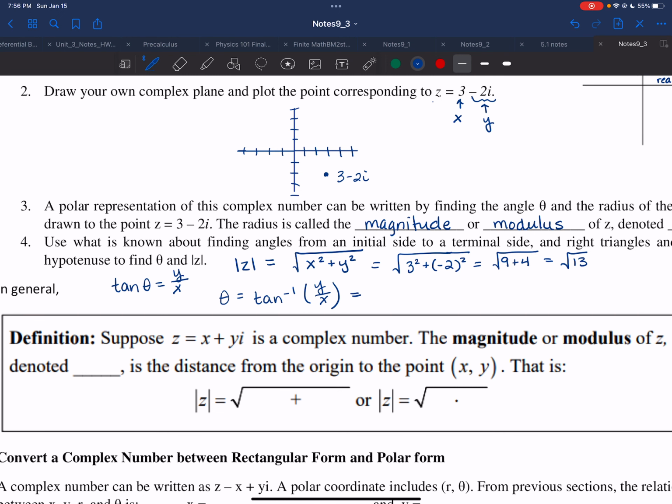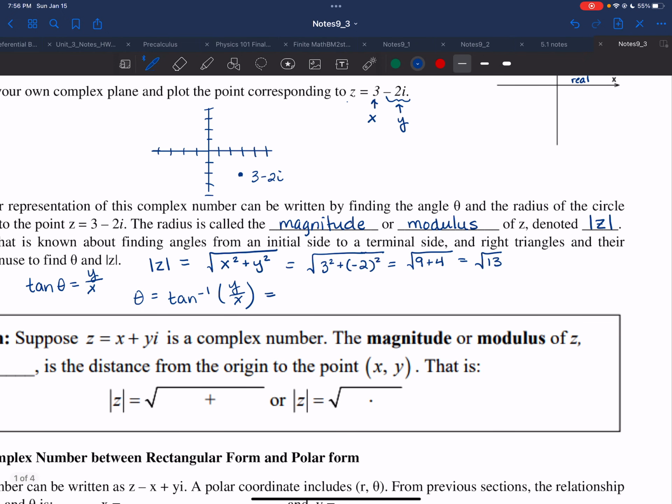Remember, when we have a tangent, depending on what quadrant you're in, if you are in quadrant 1, you're not going to do anything. In quadrant 2, you're going to either add pi or you're going to add 180, depending on if you're in degrees or radians. In your third quadrant, you're going to do the same thing. And in your fourth quadrant, you would add 2 pi or add 360. I'm not going to do that just for the purposes of getting through this.